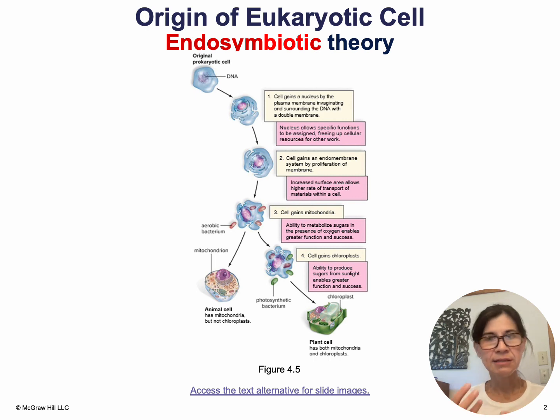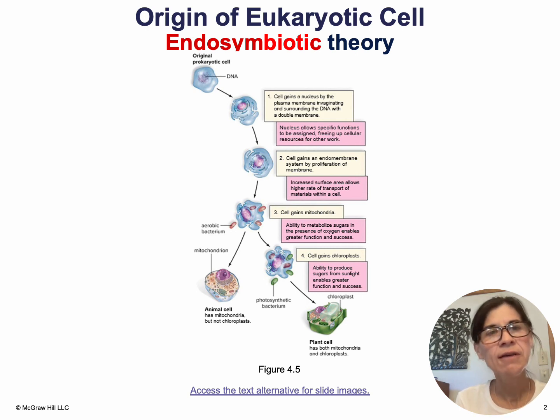We talked about the scientific method: someone has a hypothesis that's testable, they test it, and they come up with a conclusion. If many scientists all over the world are testing a hypothesis about how eukaryotic cells evolved, and they all come up with evidence for the same conclusion, then it becomes a theory. That's a little different than how we use theory in everyday language when we say, oh, I have a theory about this. But in science, a theory has to be supported by large amounts of evidence.